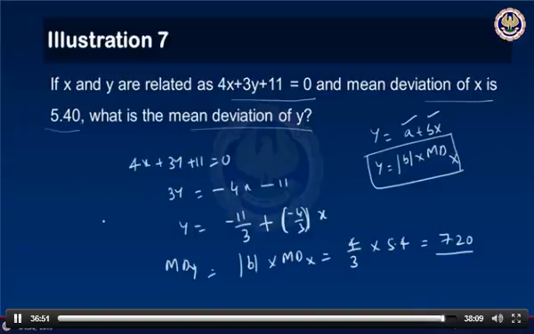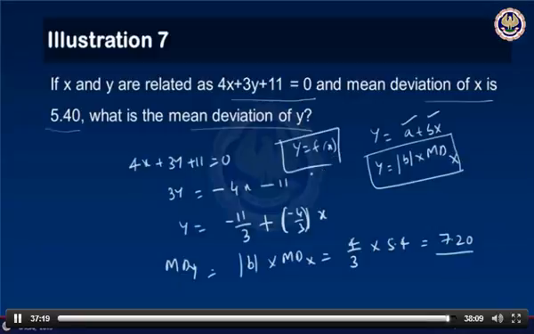For this question, it is very important from the examination point of view, also from the MCQ point of view. Suppose x and y are related, 4x plus 3y equal to 11. Now we have to find the mean deviation of y when the mean deviation of x is given. Simply express the equation as y in terms of x; y is a function of x.